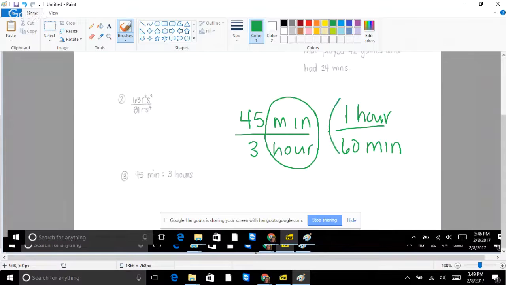Right? And if I multiply 1 hour by 60 minutes, I can cross off my minutes and my hours, and I'm left over with 45 over 3 times 60. Okay, so if I do some simplifying, I'm going to get 45 over 180.